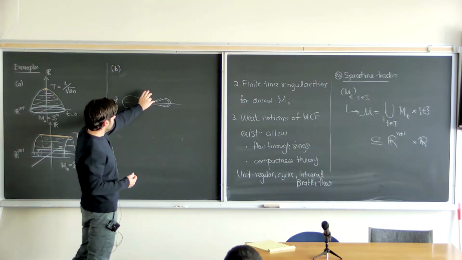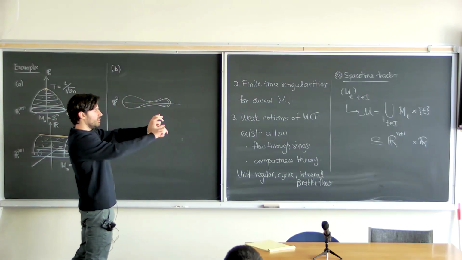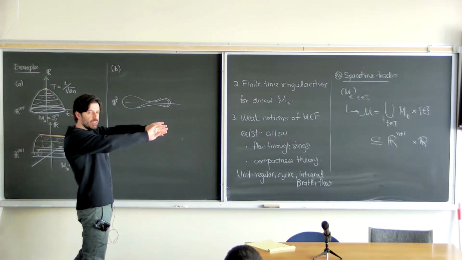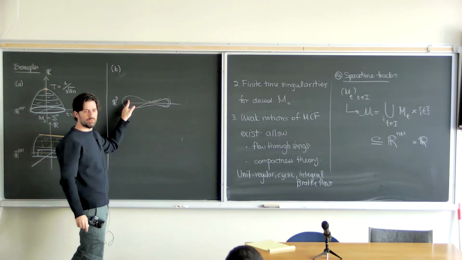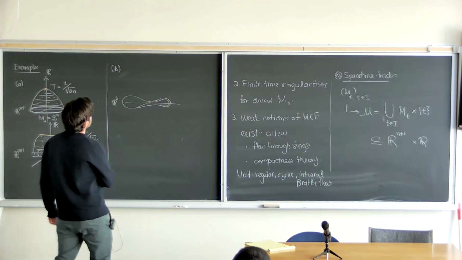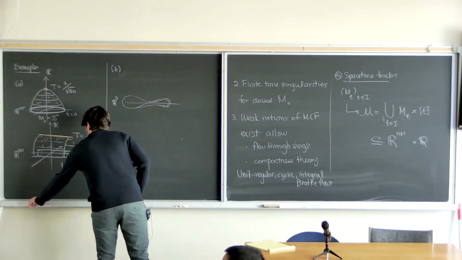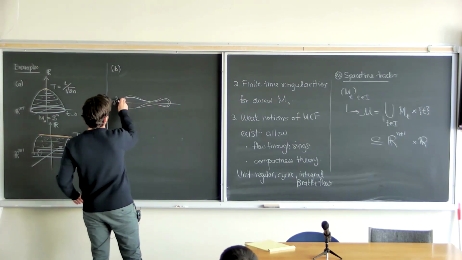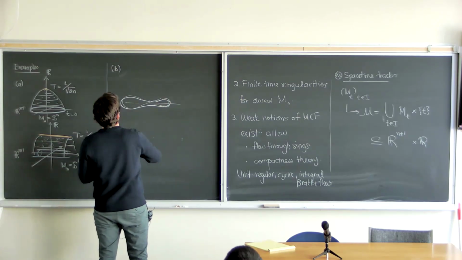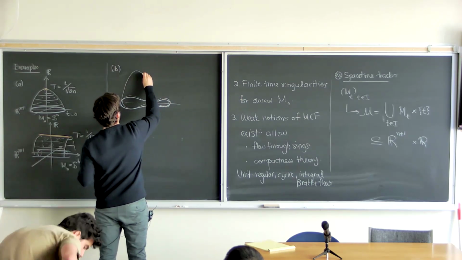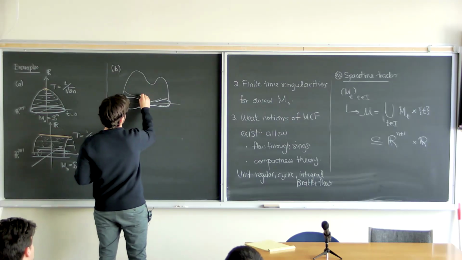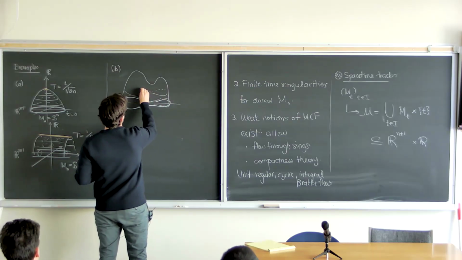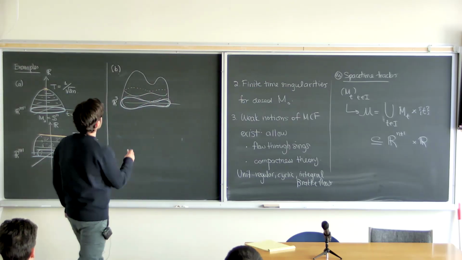What the weak equation will do, it will allow us to flow past this singularity. There will be a surgery. It will decompose this dumbbell shape into two spheres, which then this will contract first and then this will contract later. So how do you draw this shape all together? If this is the initial condition here, then this would look perhaps something like this, where at first you're developing like this.